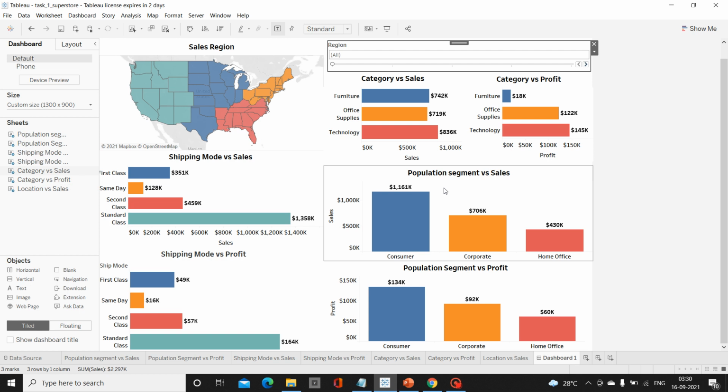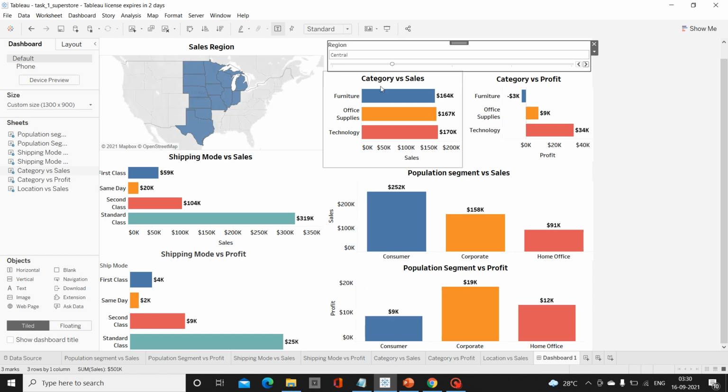While analyzing the dataset, in the case of population segment, we can observe that the consumer segment is the segment which has the highest contribution in sales as well as in profit. While analyzing the contribution of the consumer segment in different regions, we come across very important facts.